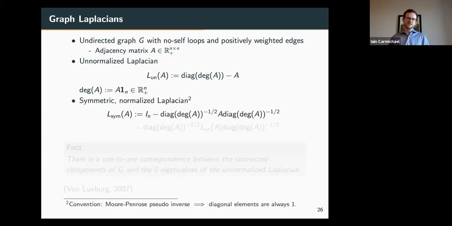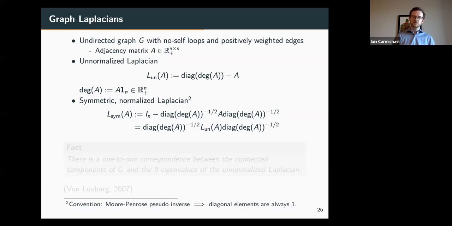It turns out we're actually going to need the symmetric normalized Laplacian. That's defined by taking the unnormalized Laplacian and hitting it with the diagonal matrices whose entries are the square roots of the degrees. There's an important convention with the symmetric Laplacian, and that's what happens when you have a degree 0 node. We're going to follow the convention that when there's a degree 0 node, the diagonal element of the symmetric Laplacian is 1.